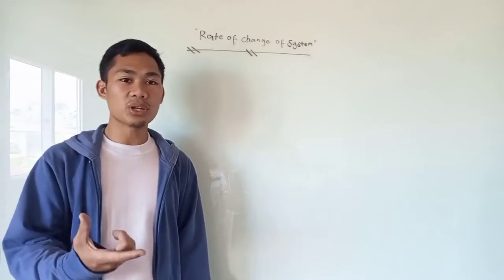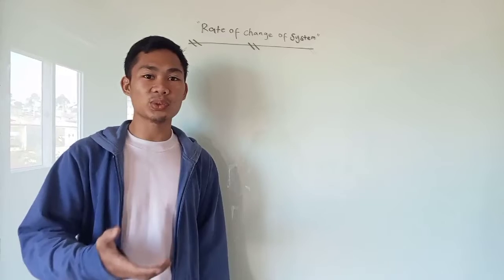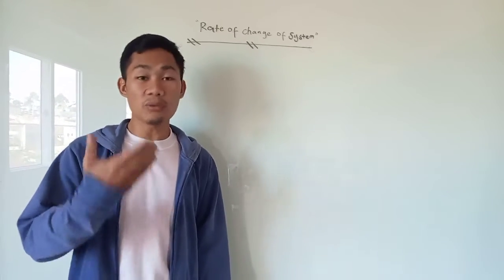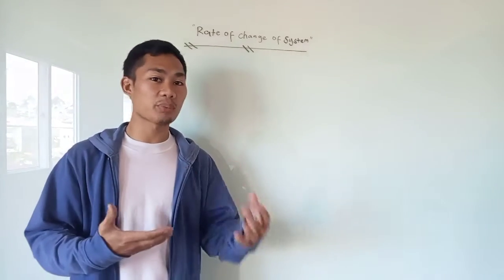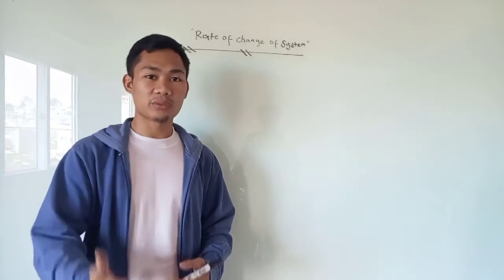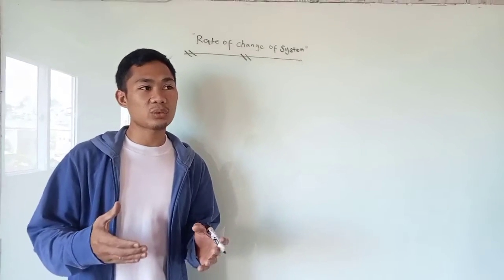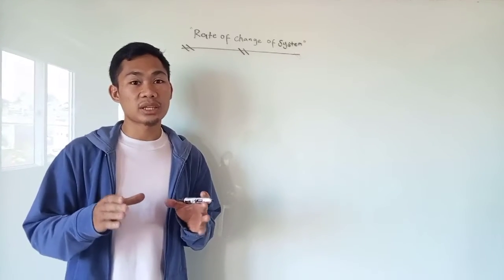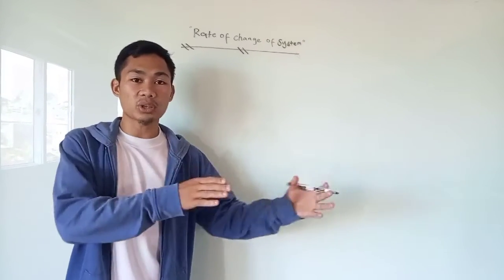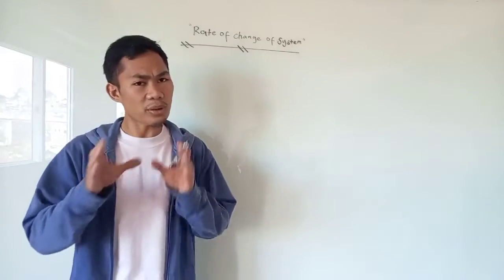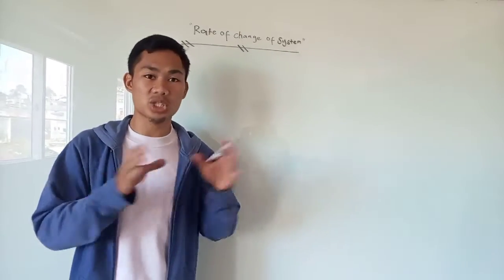This example gives us an overview of how to deal with problems involving rate of change of a system. Just like I mentioned earlier, we are concerned about the rate of change of the other part of the system if one part is changing.